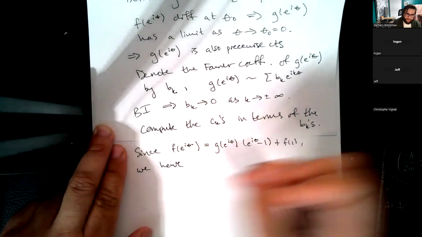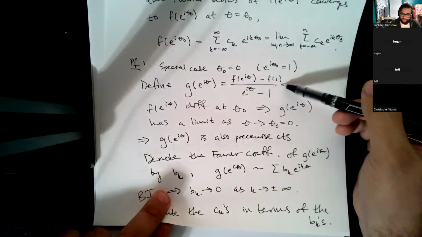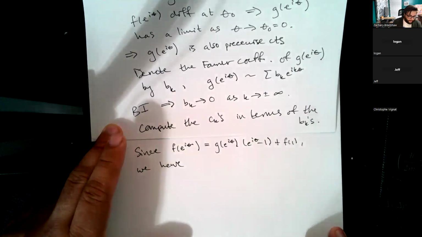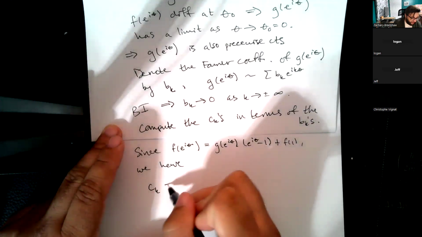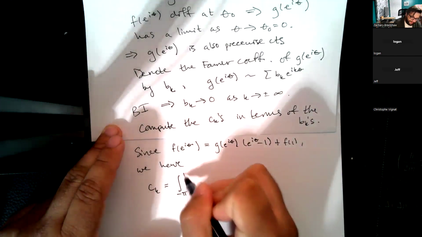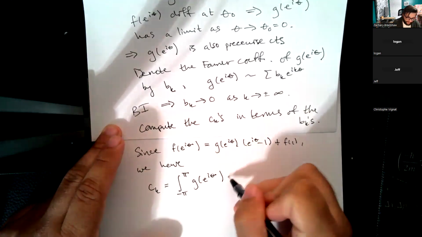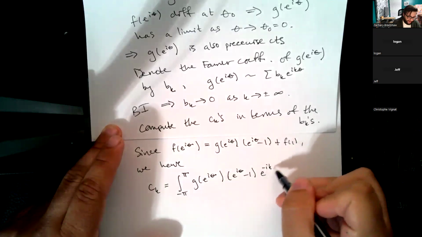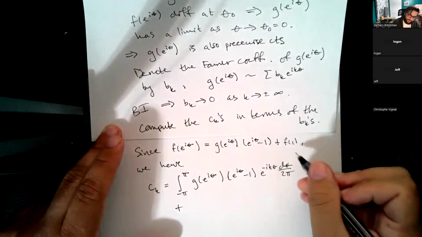That's just the definition of g, the difference quotient solved for f of e to the I theta. So since this is true, ck must be equal to the integral from minus pi to pi of g of e to the I theta, e to the I theta minus 1, e to the minus I k theta d theta over 2 pi, plus this extra f of 1 term.